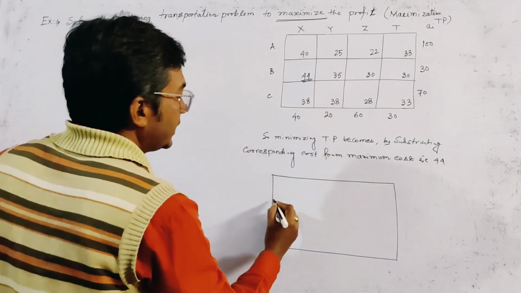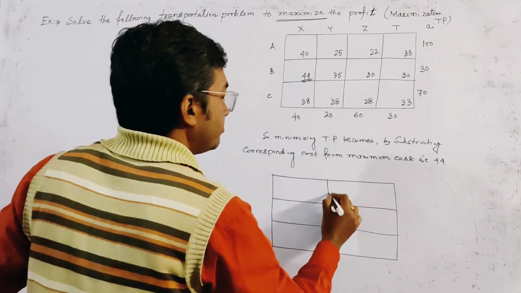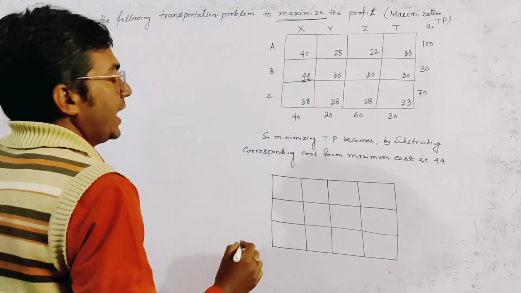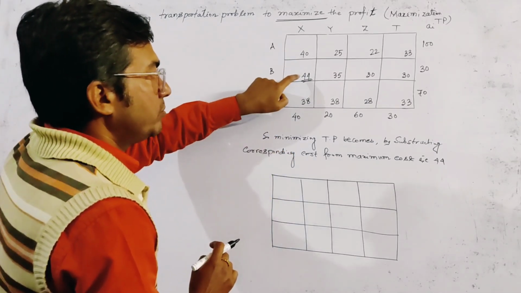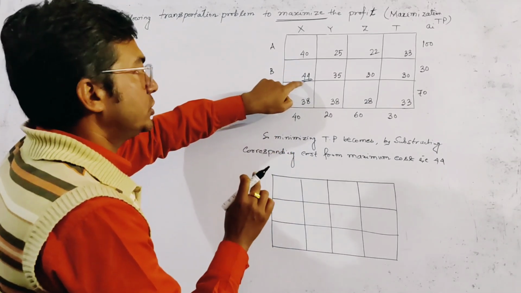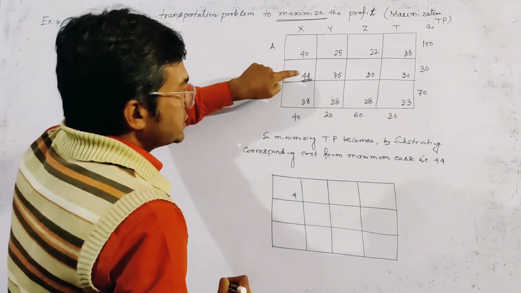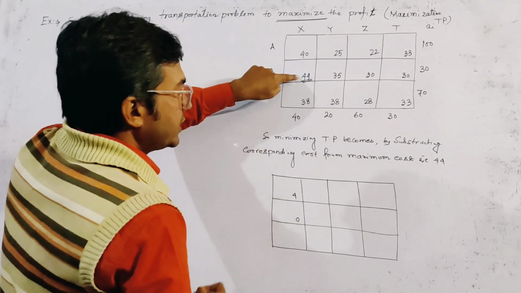The minimization type of problem can be written in a table of the same type. There are 3 rows and 4 columns as given above. We subtract 40 from 44 because 44 is the maximum cost, so we get 4 here. We subtract 44 from 44, so we get 0.